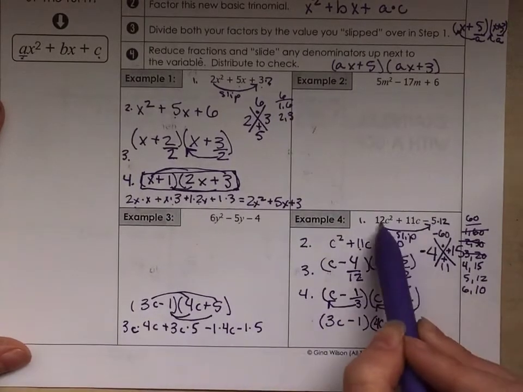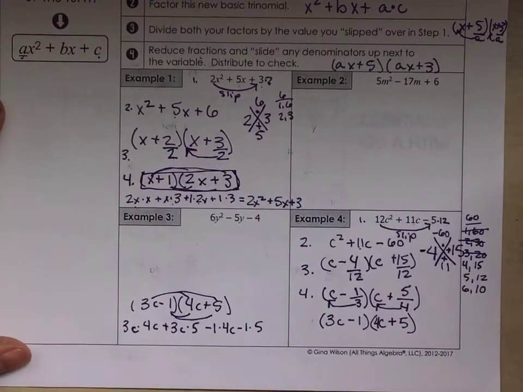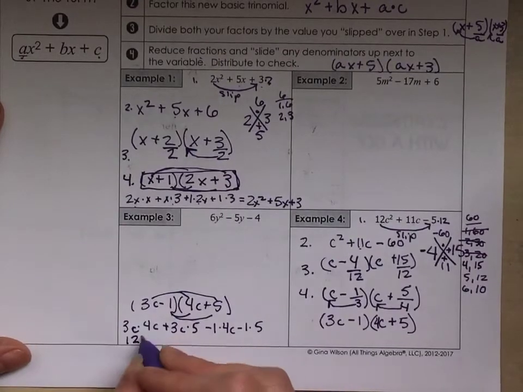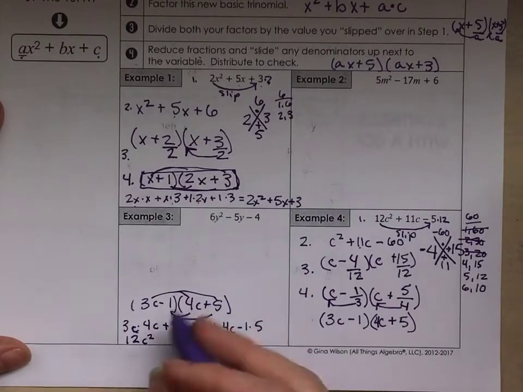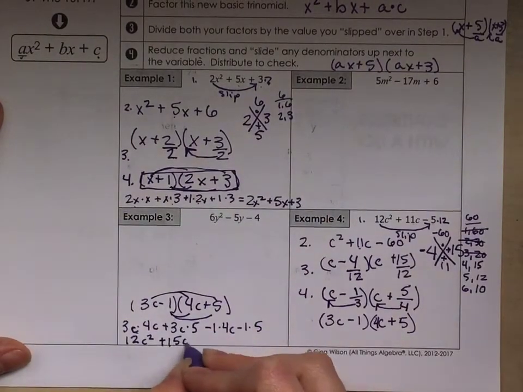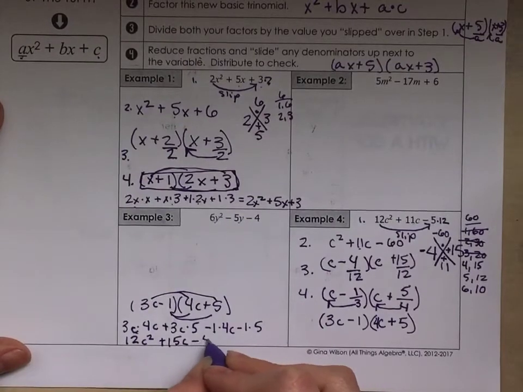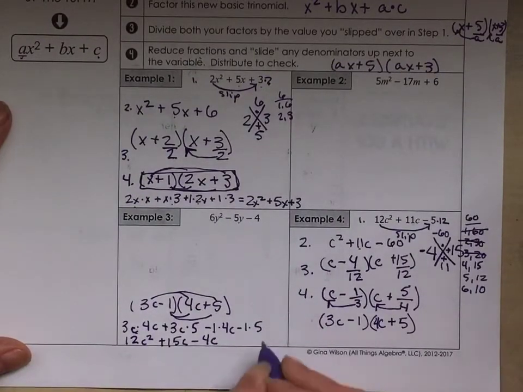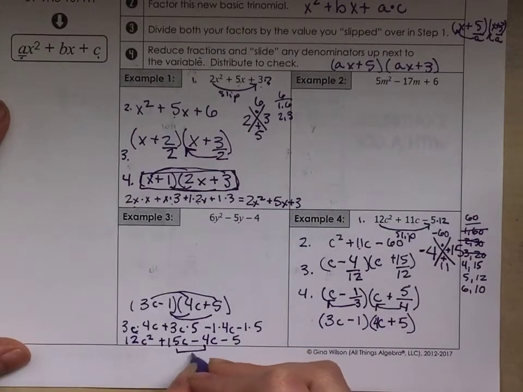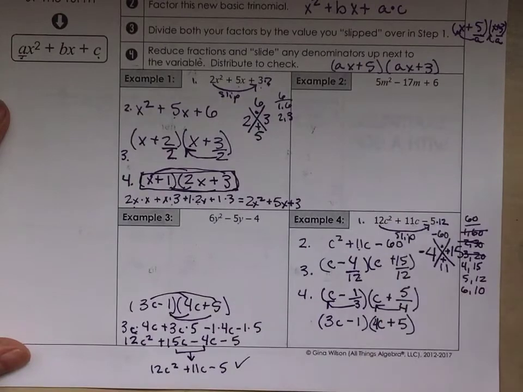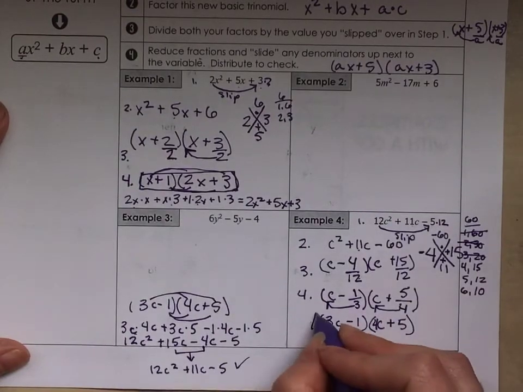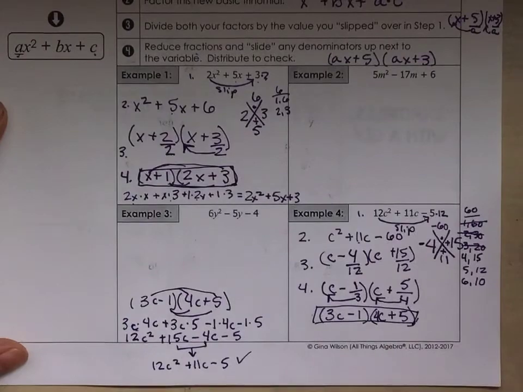Now, when I multiply this, I should get back to what I started with. 3 times 4 would give me 12. c times c would give me c squared. 3 times 5 would give me 15, and there's a c. Negative 1 times 4 would give me negative 4c, and negative 1 times 5 would give me negative 5. Combine my like terms in the middle, I'll have 12c squared plus 11c minus 5. That checks out with where I started, so this would in fact be my factor pair here.